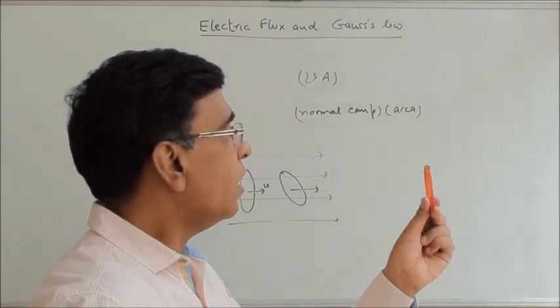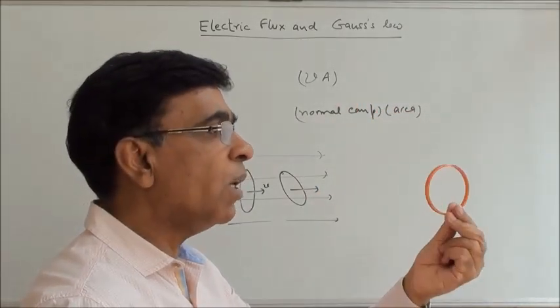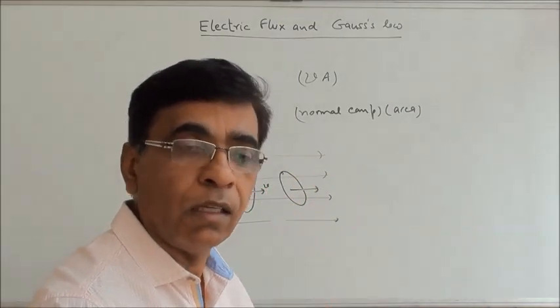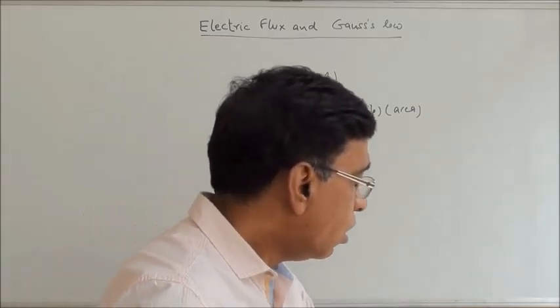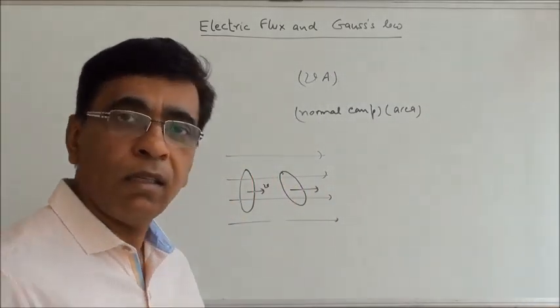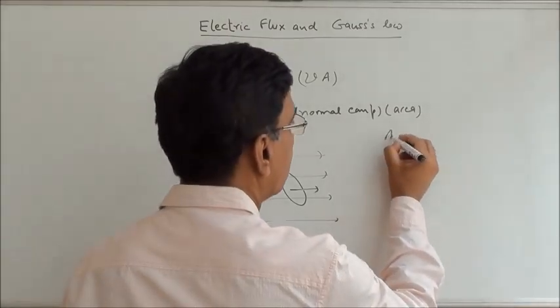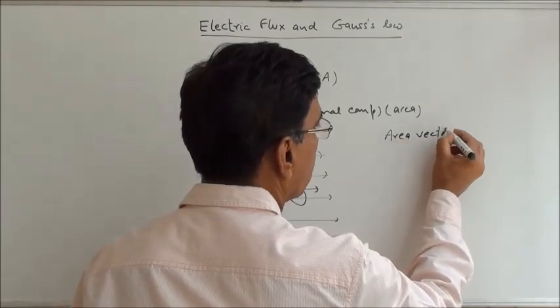Actually, when I say that the quantity V into A is changing by changing the orientation of this surface, I am not changing the area, I am just changing how it is kept. It means now we define another quantity first. This we call the area vector.